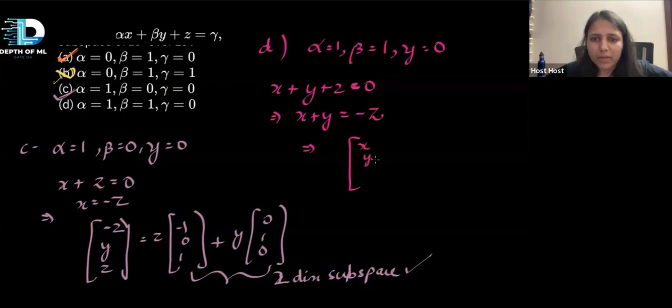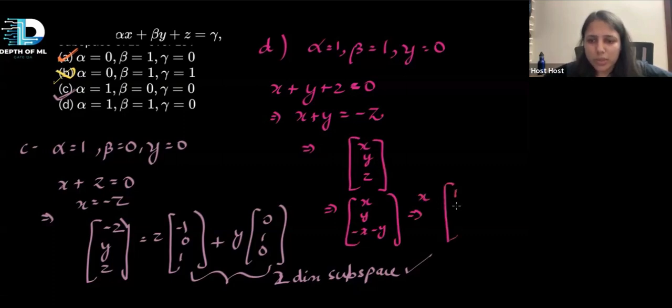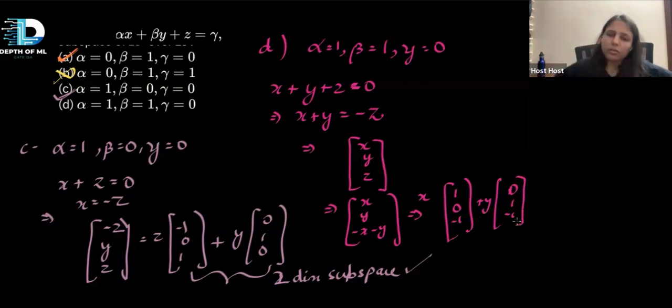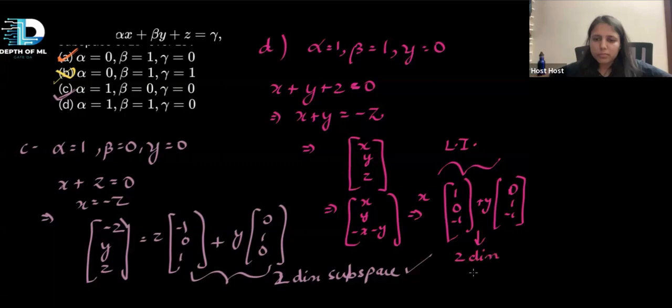I will write x, y, and z, which is equal to x, y, minus x minus y, which is equal to x times (1, 0, -1) plus y times (0, 1, -1). Can you verify these are linearly independent? Fine. So this option is also correct, right? So only option B was incorrect. A, C, and D are correct.